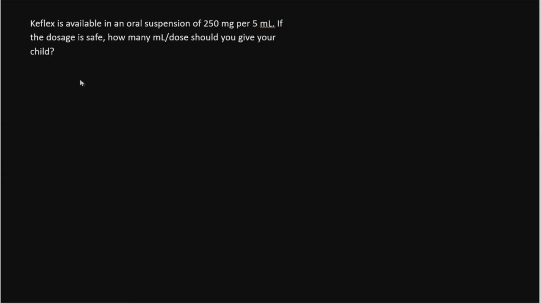All right. Now for the next part of the question, it says Kerflex is available in an oral suspension that is 250 milligrams per 5 ml. Now we are asked, if the dosage is safe, how many ml should we give the child? Now remember that the max dose from the previous part of the question was 125 mg, okay?